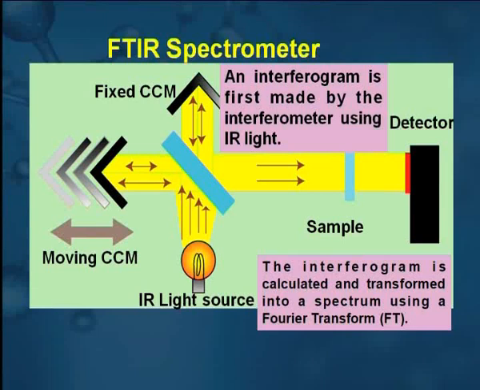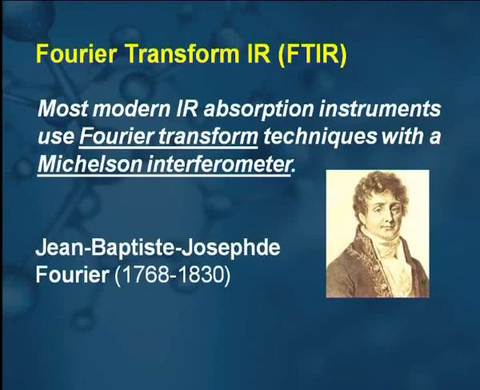So this FTIR spectrophotometer is different from the conventional IR spectrometer. Now we discuss further what is Fourier transform infrared spectroscopy. Most of the modern IR absorption instruments use Fourier transform techniques, where we use the interferograms to get the output.